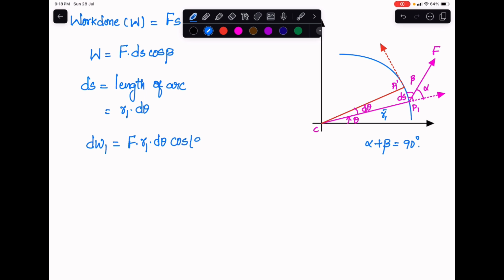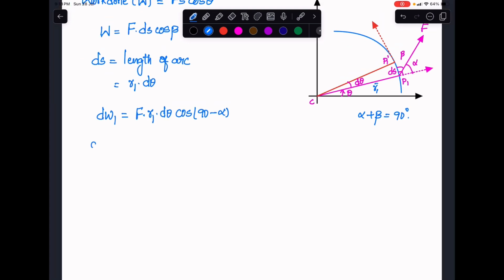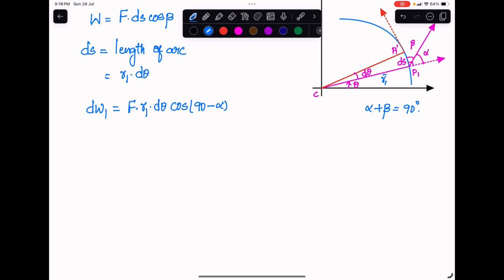I would like to write it as cos of 90 minus alpha, since alpha plus beta is 90 degrees. So the whole thing rearranges directly to dw1 equals F1 into R1 into d theta into sine alpha.